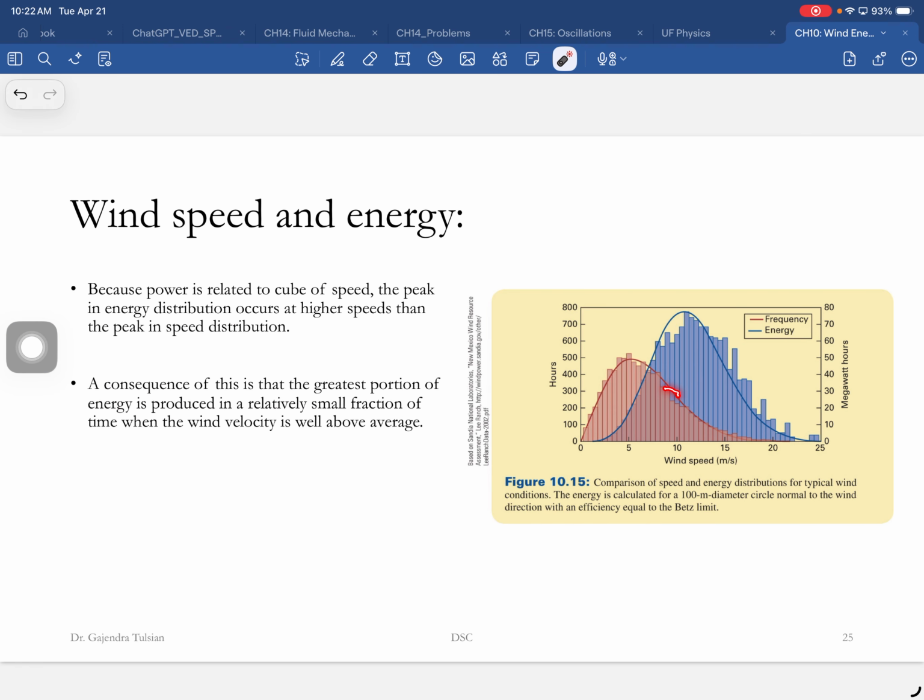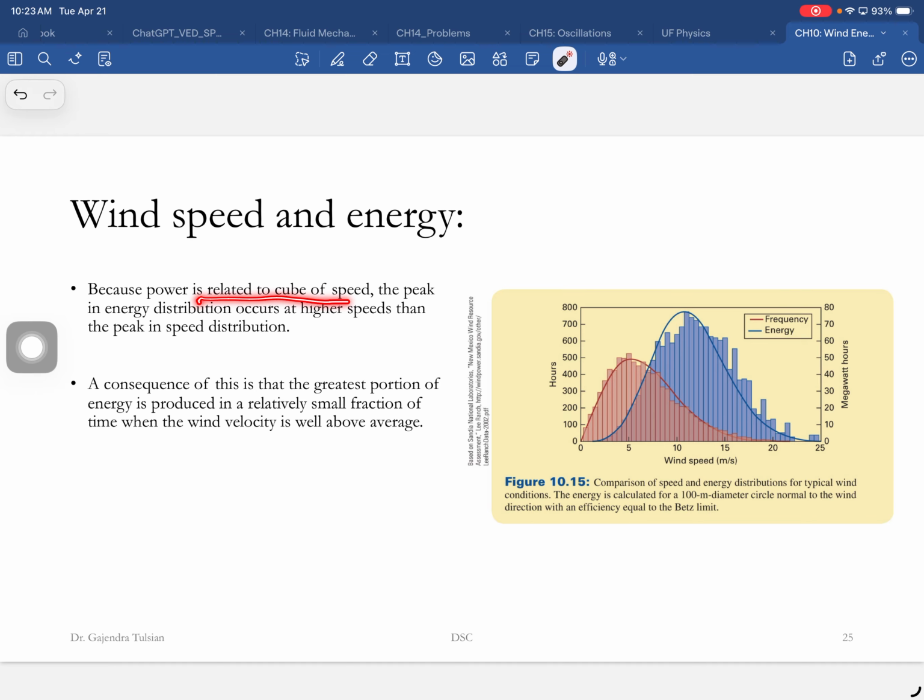The maximum energy is extracted at high wind speeds, and this is the amount of hours. You are getting high wind speed for fewer hours, but that's when the maximum energy is extracted.